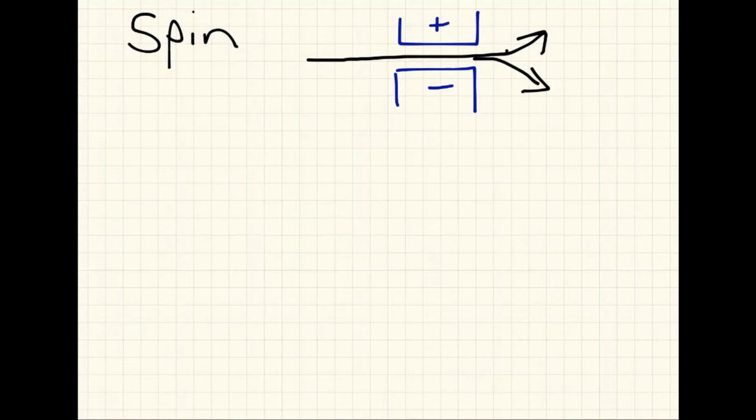So we've no choice but to conclude from this experiment that electrons have a magnetic property. They are drawn to the poles of a magnet.